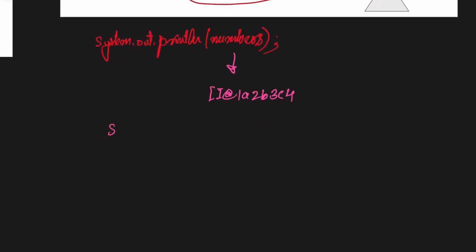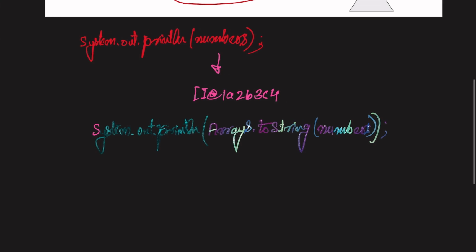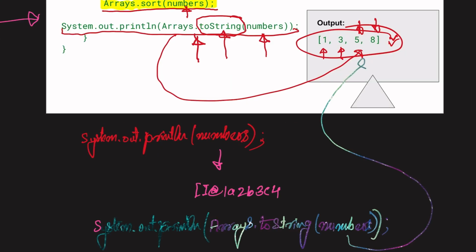But when you use System.out.println(Arrays.toString(numbers)), it converts the array to a string that looks like a list, such as 1, 3, 5, 8.